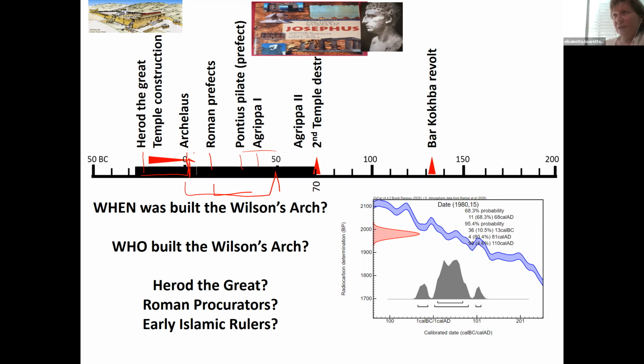Can C14 have a good input in this chronology and figure out exactly when the structure was built? Because we know that the historical narration is sometimes false, and the information that reaches us needs in a way to be corrected.